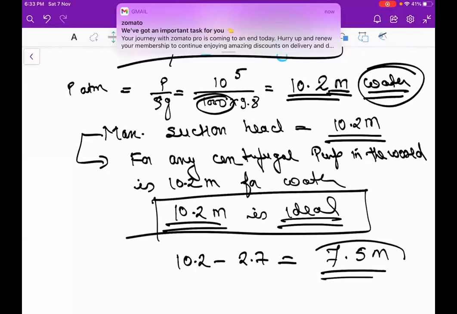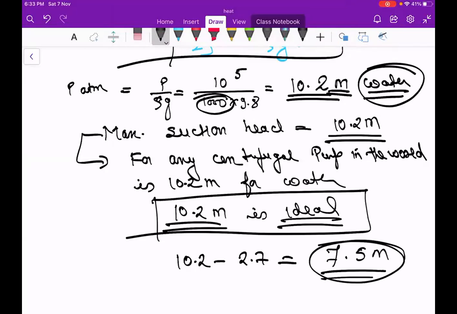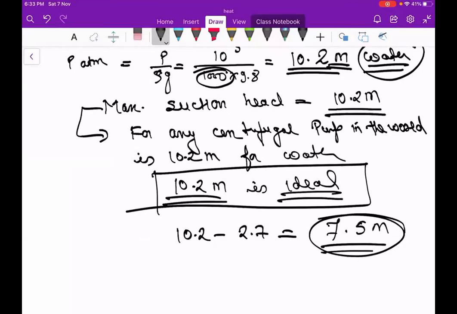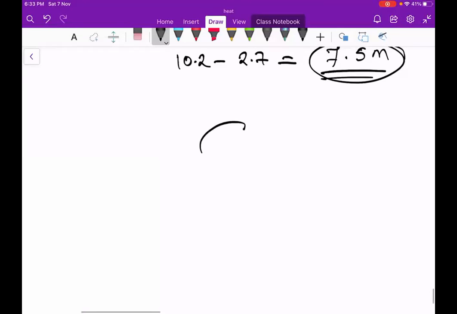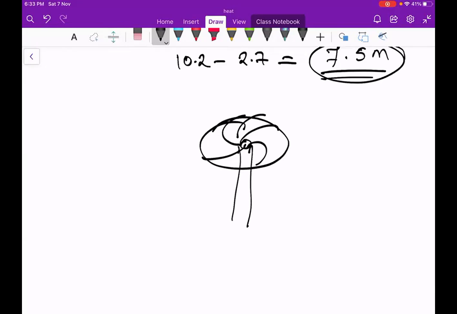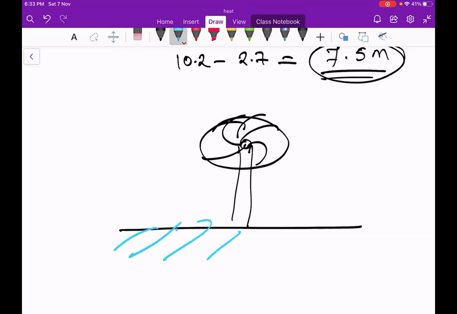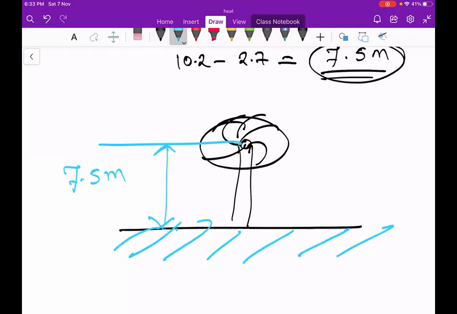So in the real world, 10.2 minus 2.7 will be 7.5 meter. Suppose this is your pump, and this is your ground, the source of water. This height can be, in reality, 7.5 meter.